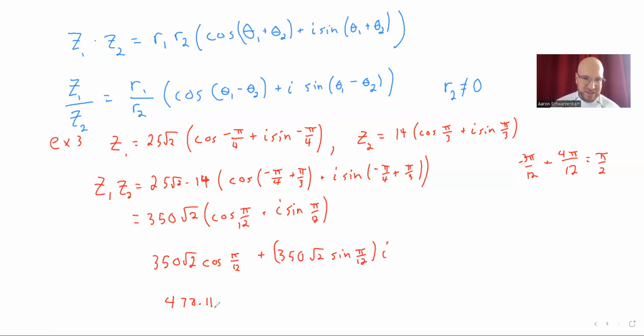I stick that into a calculator and I get 128.11i. That's my rectangular form. My polar form is right above it. They are both equivalent. Let's do example 4 versus division.